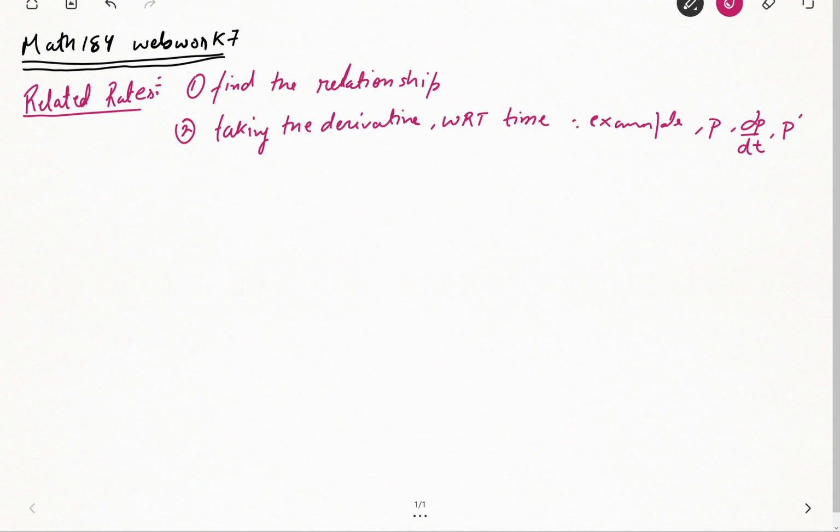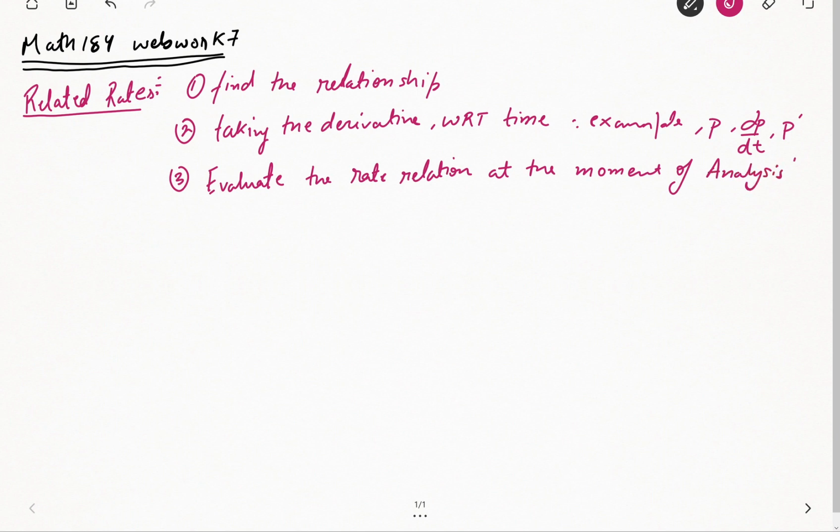So we'll find the relationship, we'll find the derivative, and now the third step will be evaluate, which means you'll plug in the values. Evaluate the rate relation, the one that you had from the second part when you took the derivative, at the moment of analysis.